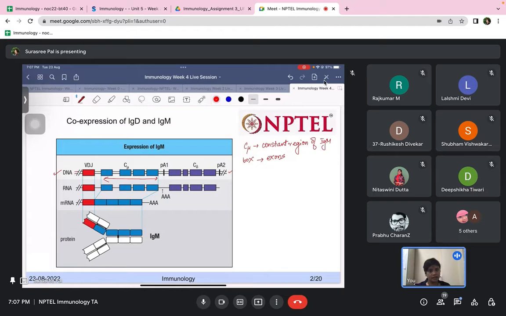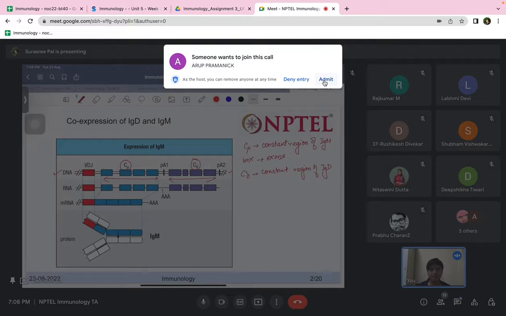Now in this particular DNA segment, you can see there are two types of C exons, or constant region exons. One is C mu, denoted by this blue color, and the other is C delta, denoted by this purple color. So these four exons code for the constant regions of IgM and IgD.